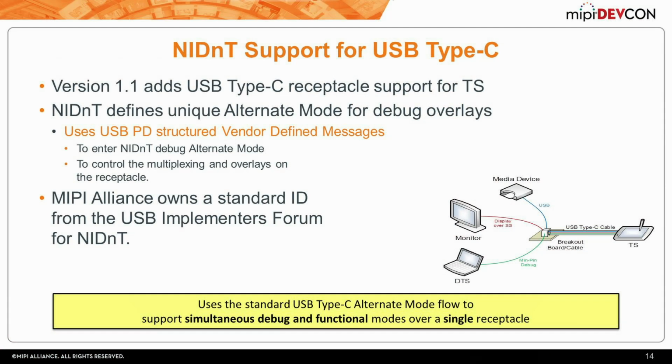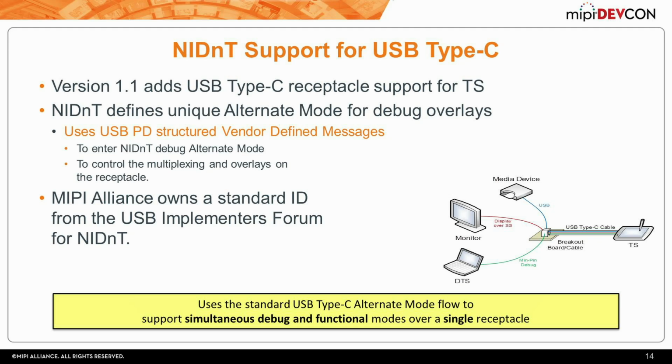Recently, there was an update of the specification that is focusing on USB Type-C. And what is nice about USB Type-C is that it is a cooperation between the MIPI Alliance and the USB standards.